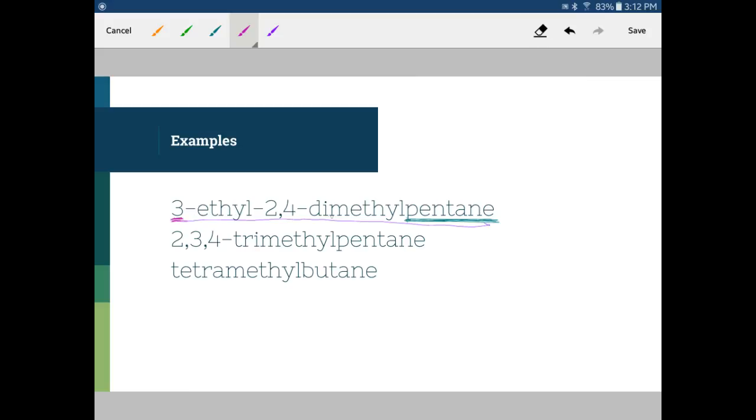Notice ethyl is before methyl. This di doesn't matter. 3-ethyl is before 2,4-dimethyl because it's alphabetical. So I have 3-ethyl and I have 2,4-dimethylpentane. So I see that I have 1 ethyl group and 2 methyl groups.